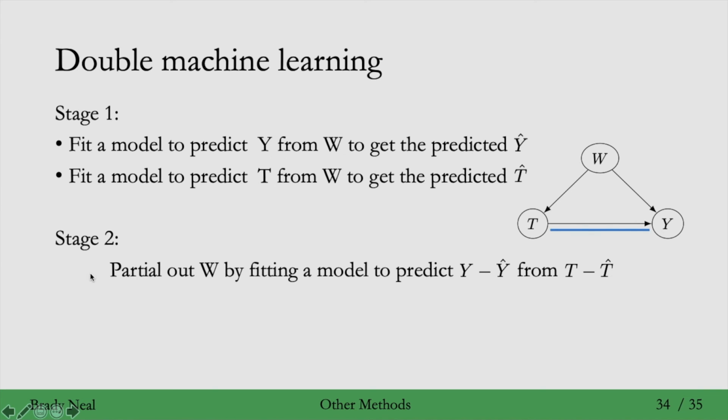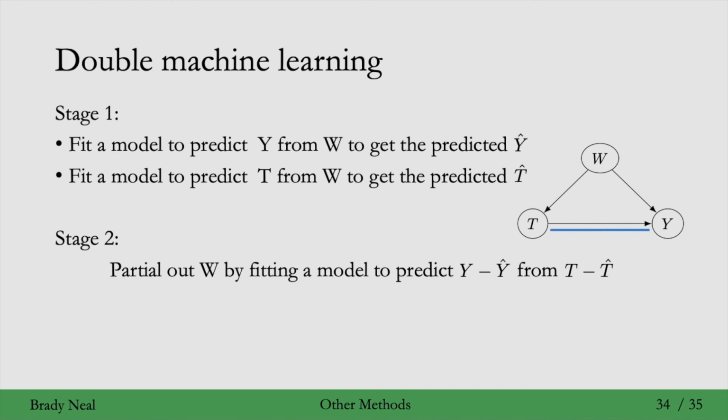We're partialing out w, and that is how we remove the confounding that w introduces into the observational data. And this is double machine learning in the sense that we use machine learning a first time in stage one, and then on top of the models that we get from stage one, that's y hat and t hat, we fit another machine learning model to predict these residuals.